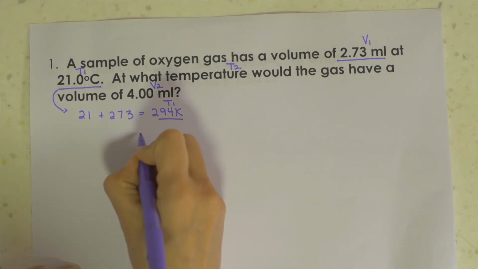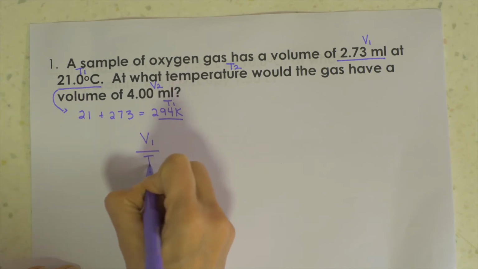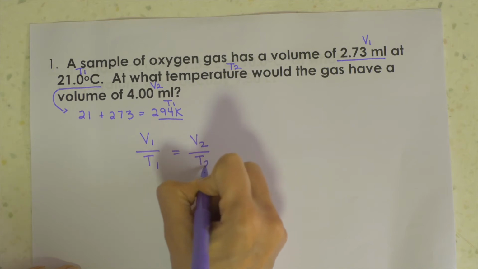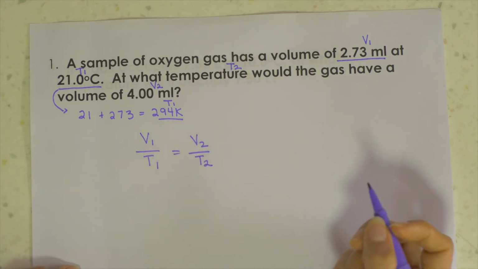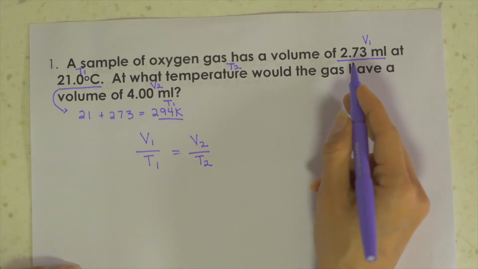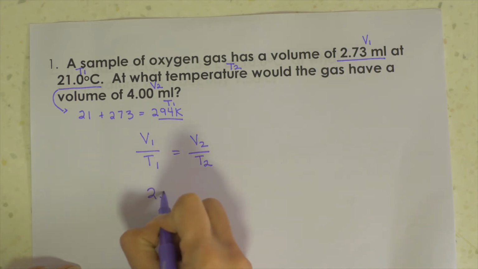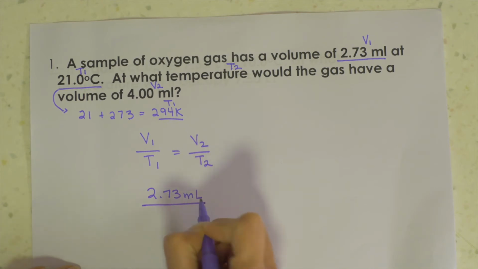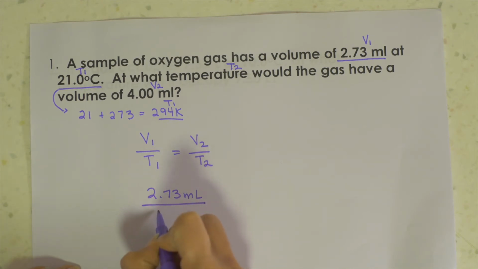So let's set the problem up. Here is our formula, V1 over T1 equals V2 over T2. And we're going to add in all of our pieces of information. So V1 is the 2.73 milliliters divided by temperature, which we converted to Kelvin.